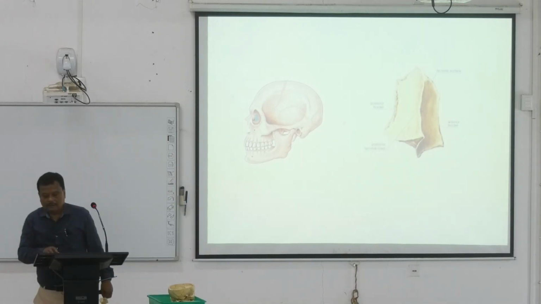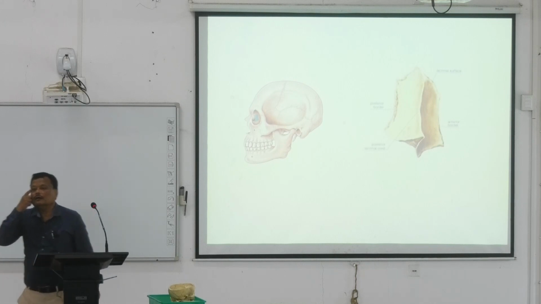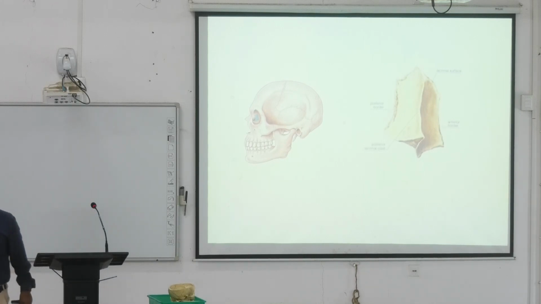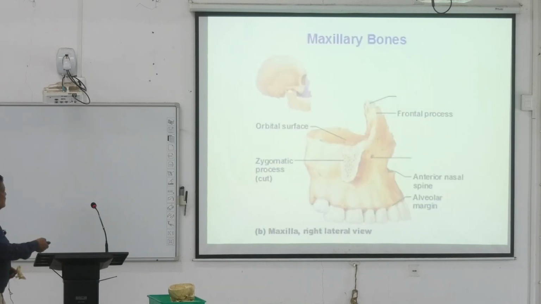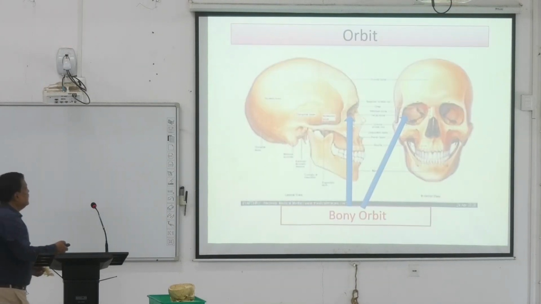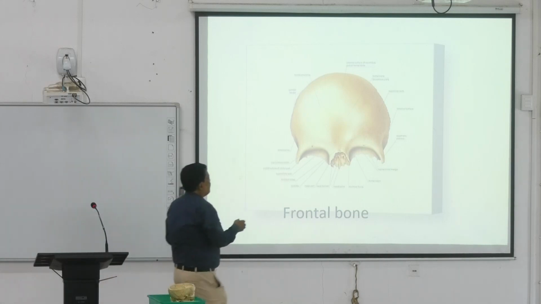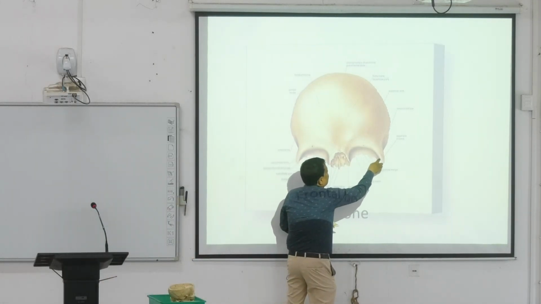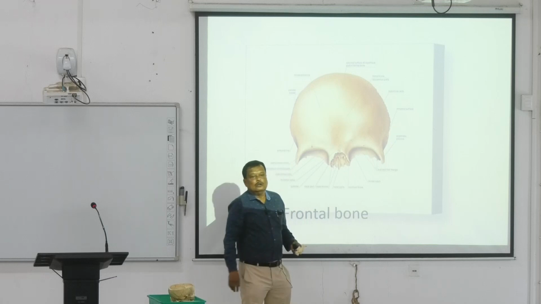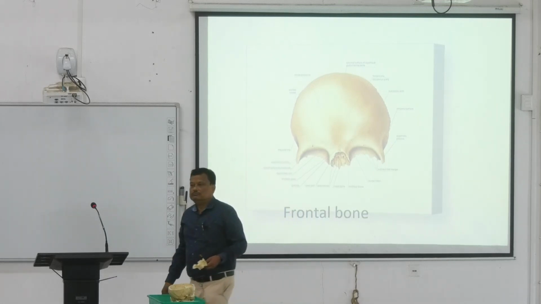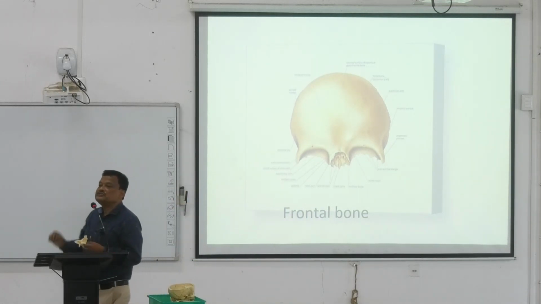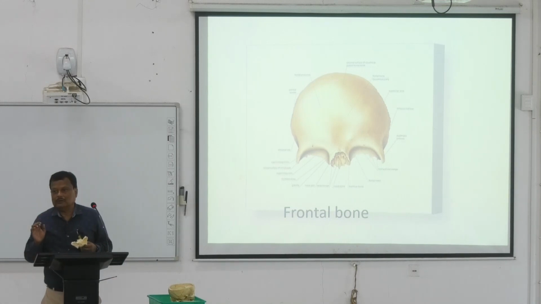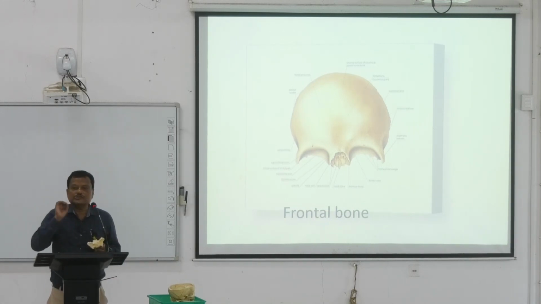There is a gland here. Let me show you once more where it is, here. There is a gland here known as the lacrimal gland, which secretes tear, a watery secretion.